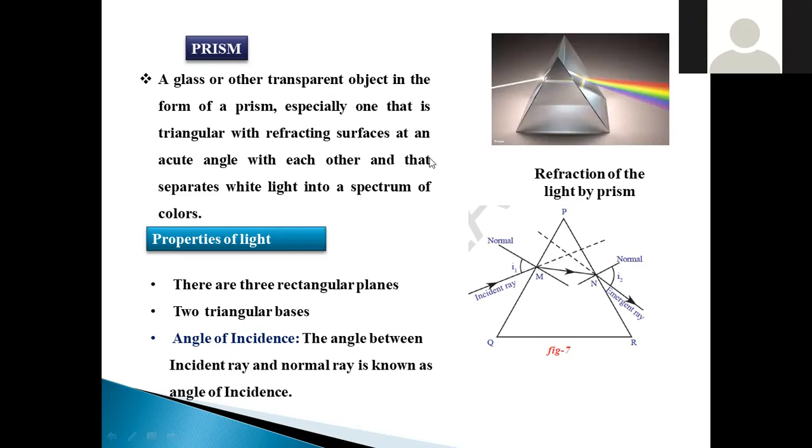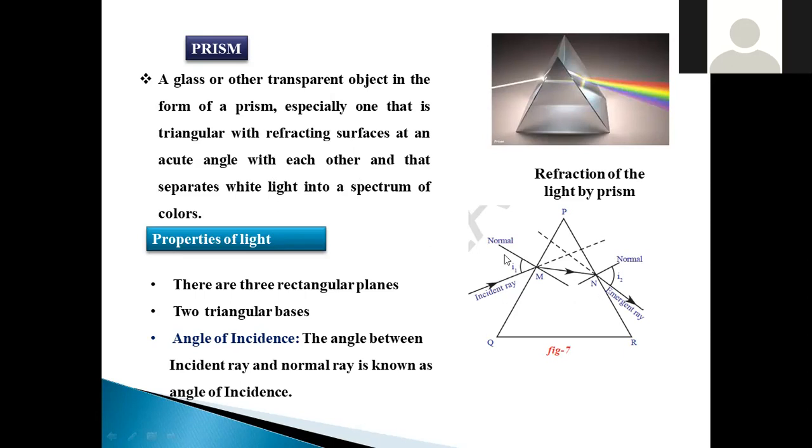Whenever white light falls on it, it splits the light into various colors and wavelengths, and a spectrum of light appears, with 7 colors. That is known as a prism.